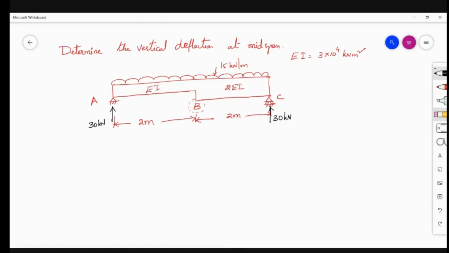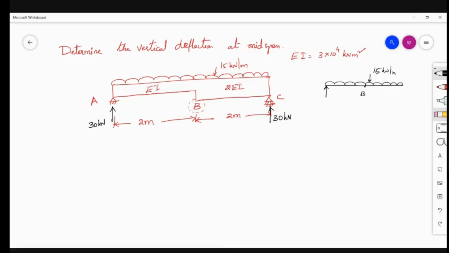So in this, the load acting is 15 kilonewton per meter on a symmetrical beam. A UDL is acting here, 15 kilonewton per meter.